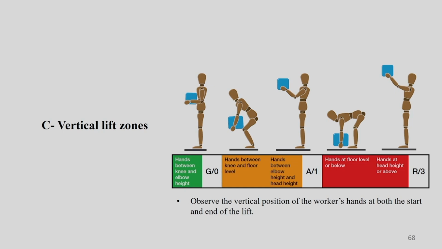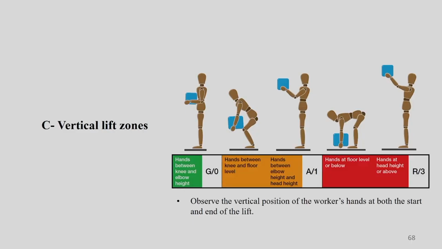If it is amber, then hands between knee and floor level, or hands between elbow height and head height. In both cases it is A: knee and floor, or elbow to head.